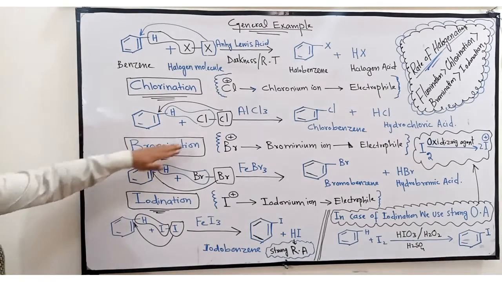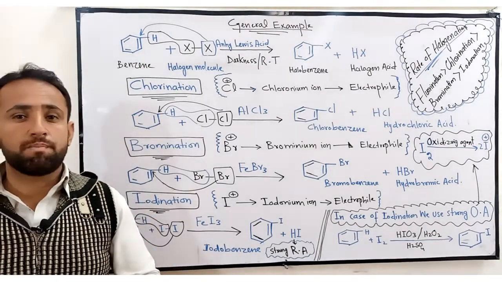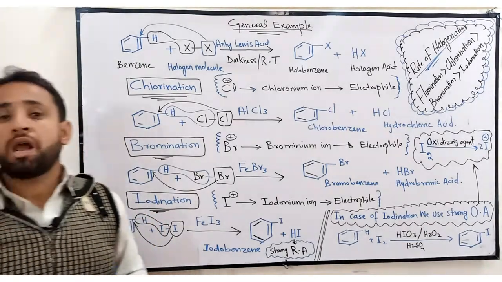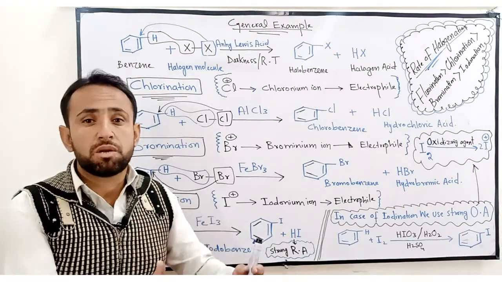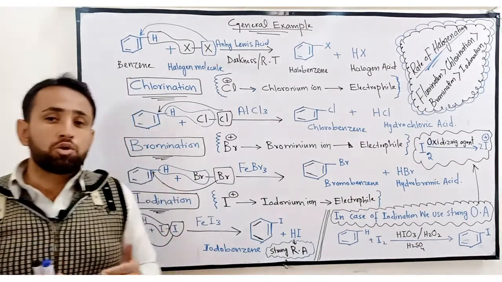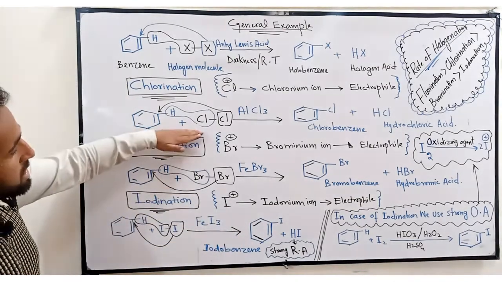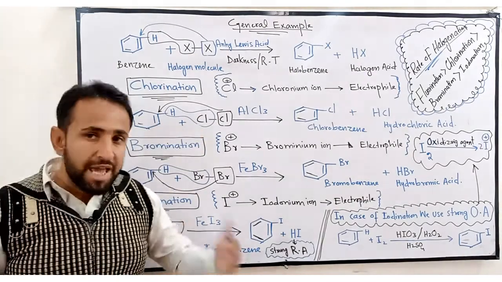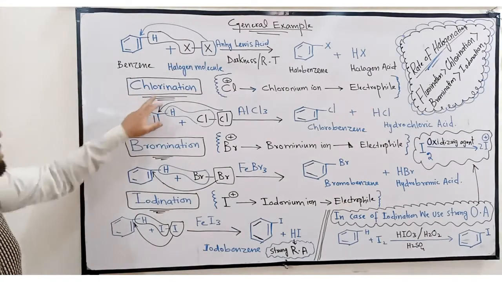Now, if I use Cl2, then the process is known as chlorination. We give a particular name to the halogenation, named after the halogenating agent used in the reaction. Suppose chlorine, Cl2, the chlorine molecule, is the halogenating agent, so the process is known as chlorination.